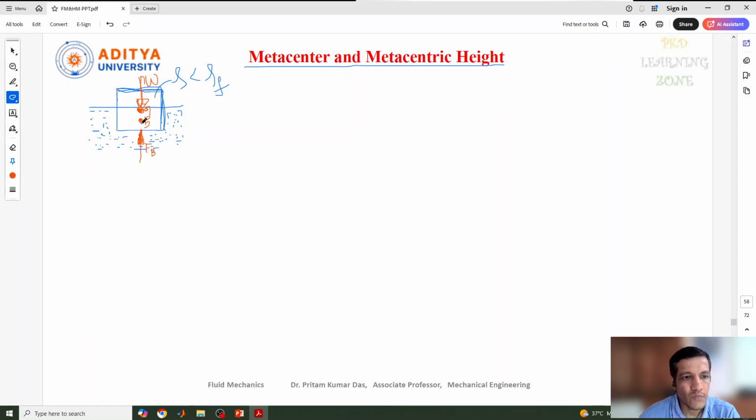So previously we have seen this concept: G point and B point, and the force of buoyancy acting at this B point, the center of buoyancy. Now the center of gravity and center of buoyancy both exist on the same line, the same axis line. Both points are coinciding, and for this condition we have seen the weight of the body is equal to the force of buoyancy.